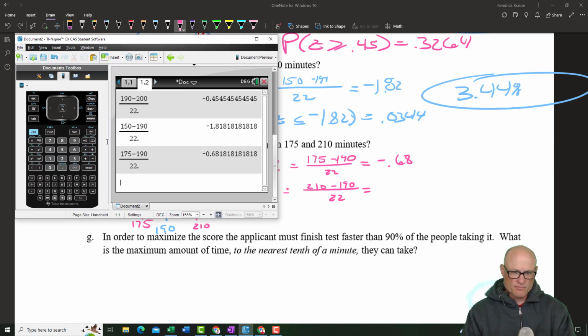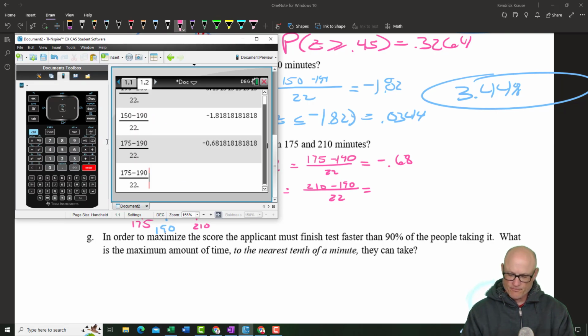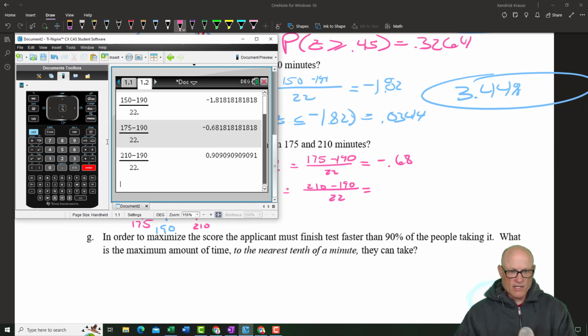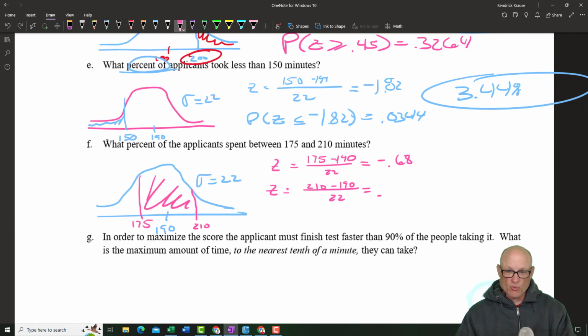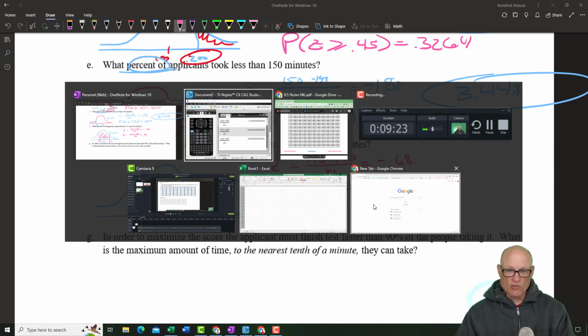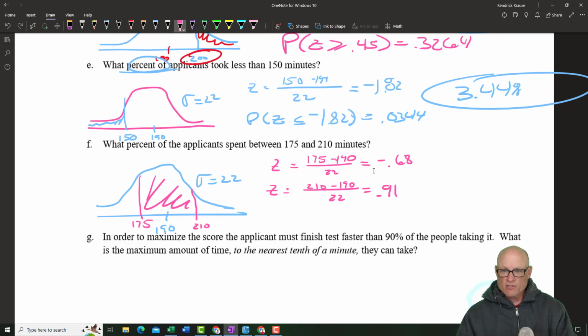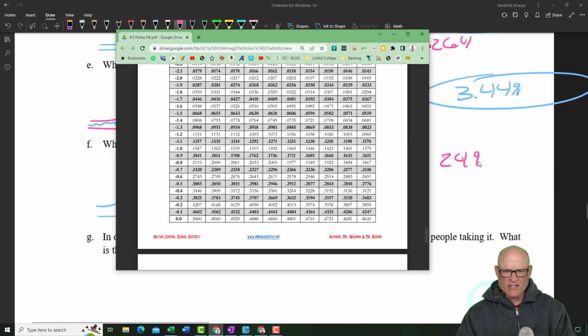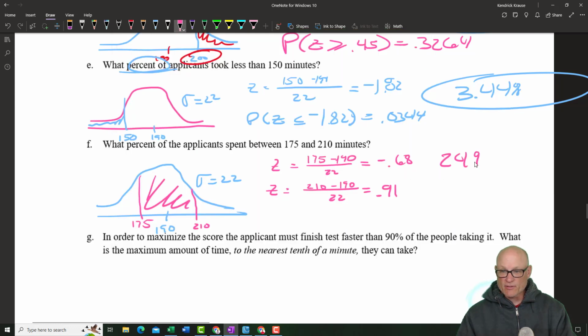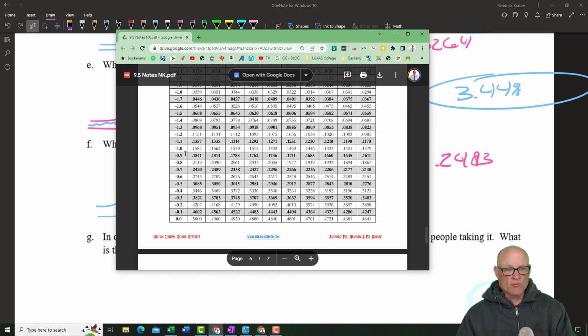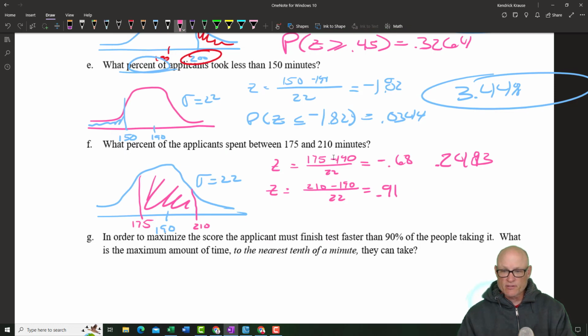And the next one, 210, is 0.91. Be careful with that. Now I go look up 0.68, which would be 0.2483. And 0.91 would be 0.1814.